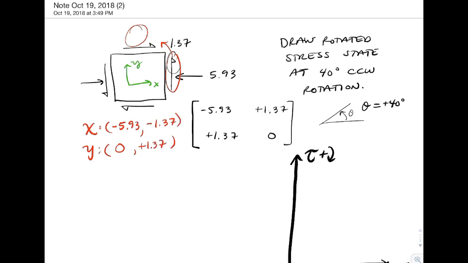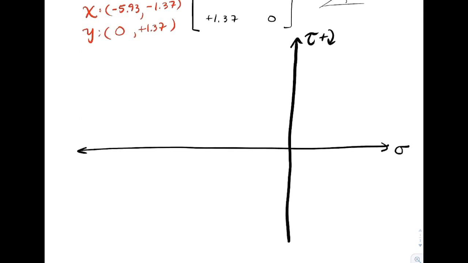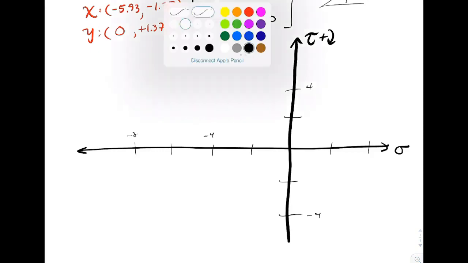So what we're going to do is plot those 2 points and start to make our circle. We're going to make sure we have a decent scale going. So we'll go 2, 4, 6, 8, 2, 4, 2, 4, minus 4. So that gives us a chance to actually end up with a circle.